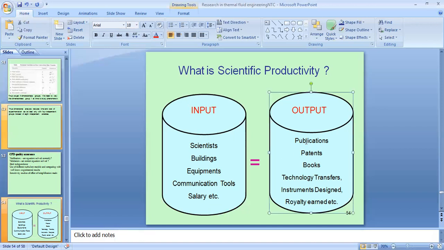What we expect from this is research papers, patents, books, technology transfer, instrument design, and royalty earned. Like other fields, we also measure the output of research using parameters such as patents, research papers, royalty earned from patents, and technology transfer.